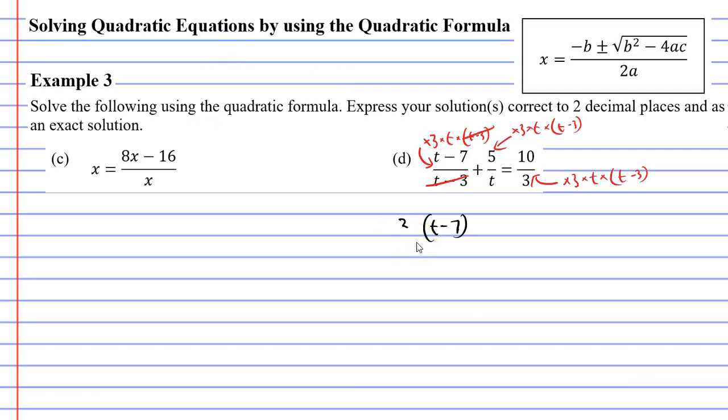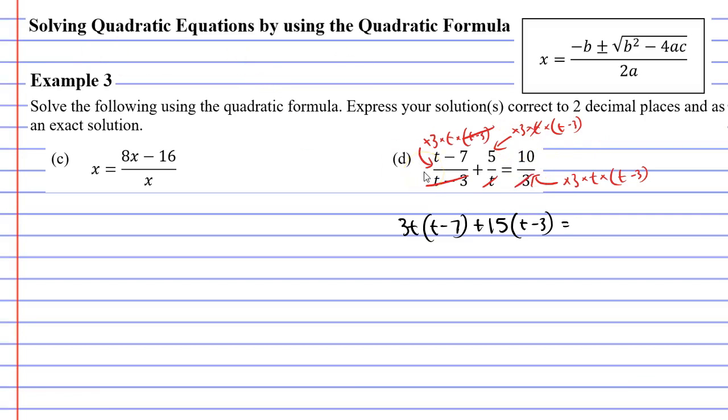So I'm just going to write 3t at the beginning of the brackets. Next, when I look at 5 over t, the t's are going to cancel, and I'm multiplying 5 by 3 and t minus 3. Now 5 times 3 is 15, so we're going to write plus 15, and we still have the t minus 3, so I need to write that next to the 15 in brackets, t minus 3.